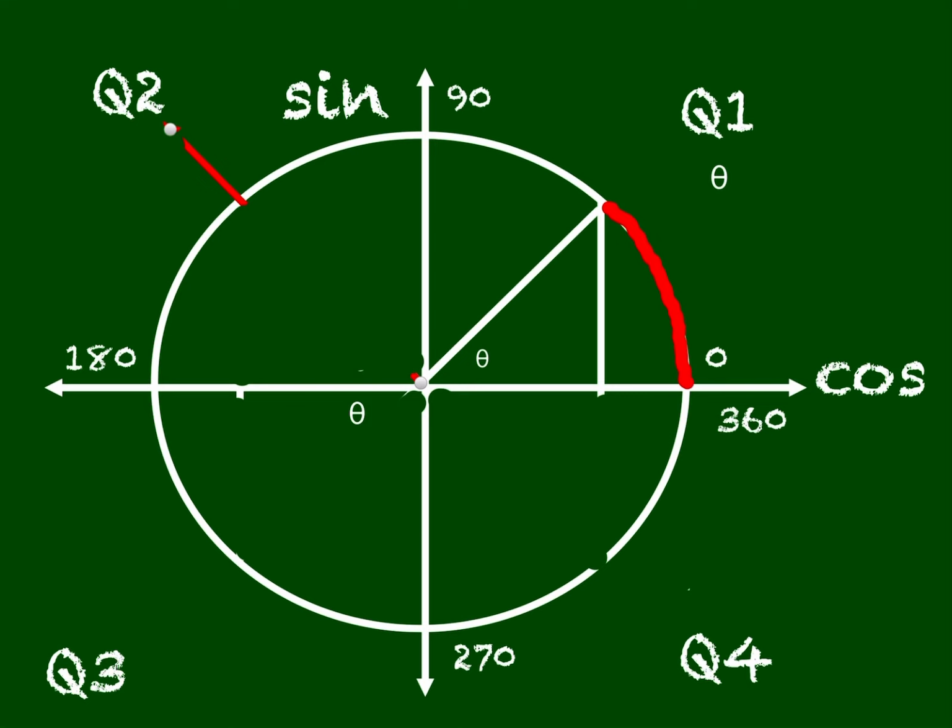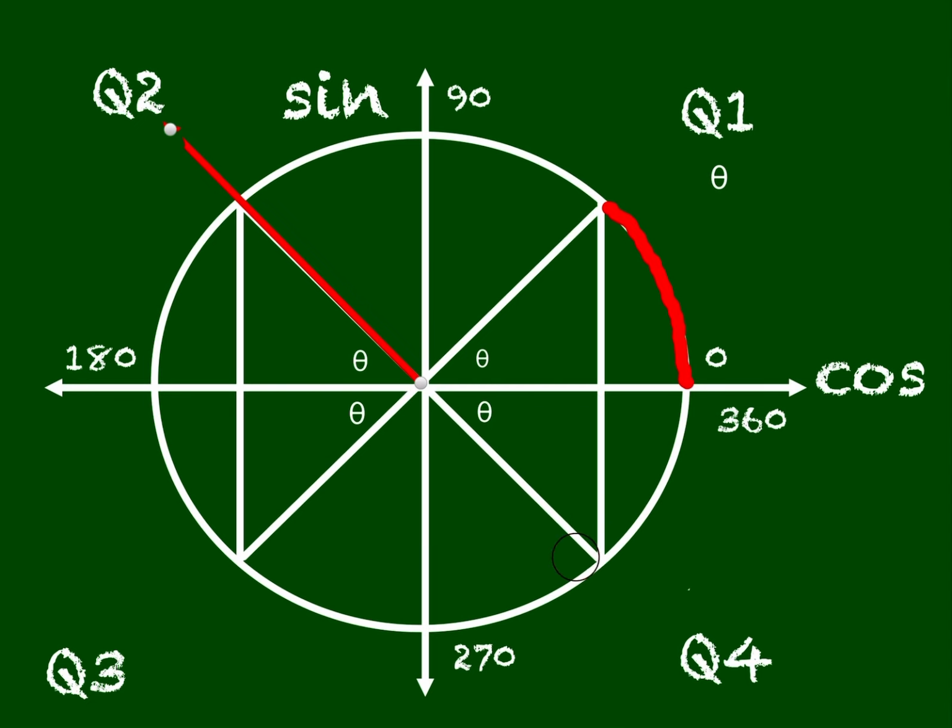Right triangles. Let me cut it out and paste this same triangle in each region. Now we have 4 right triangles, one in each quadrant.